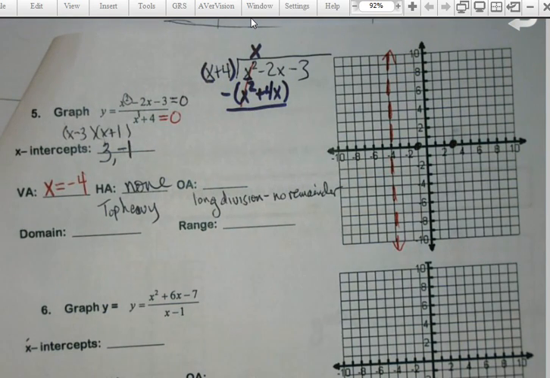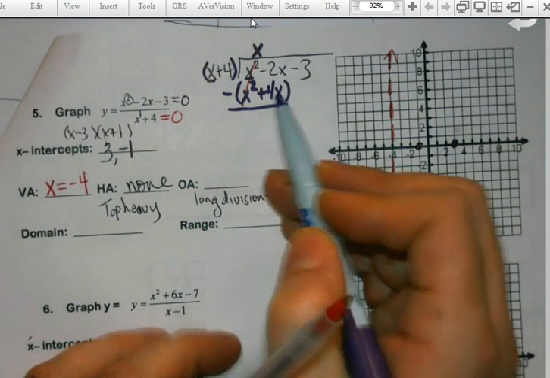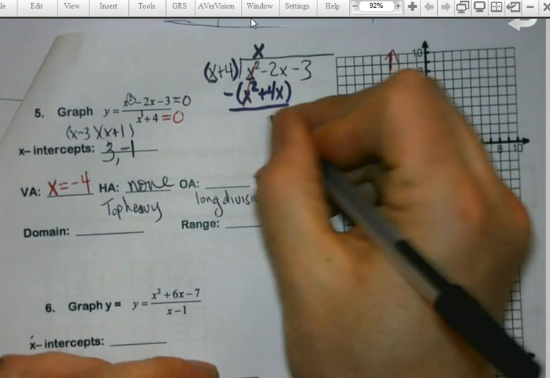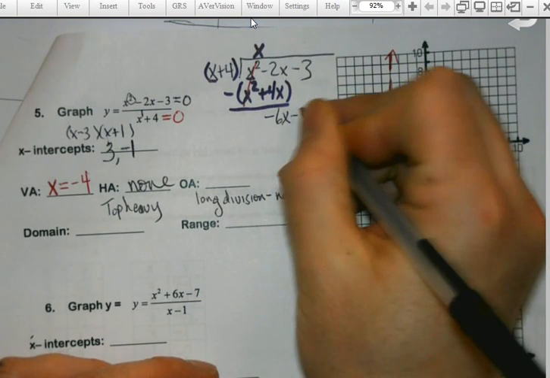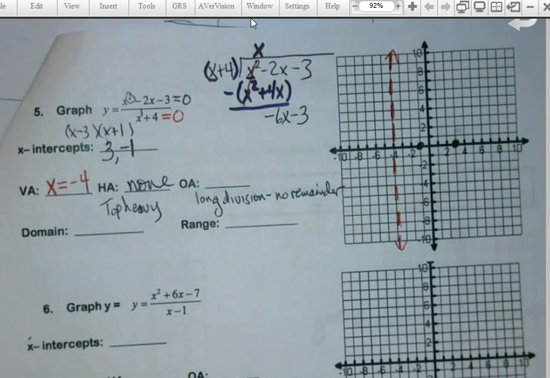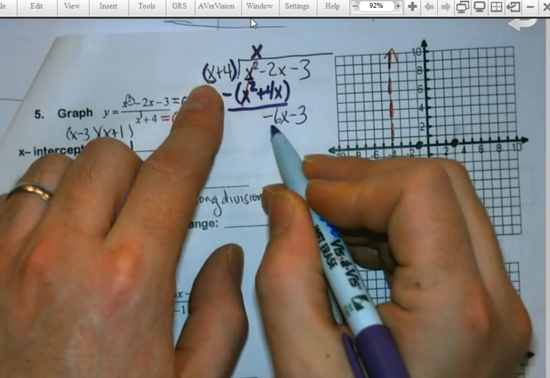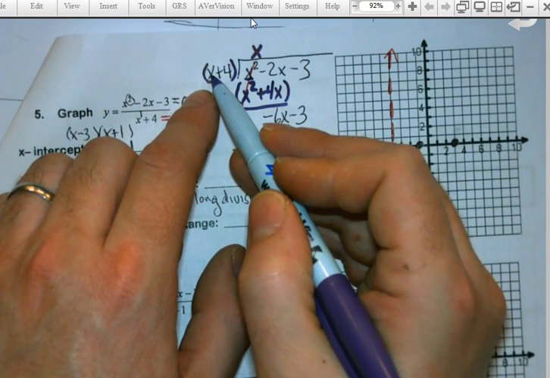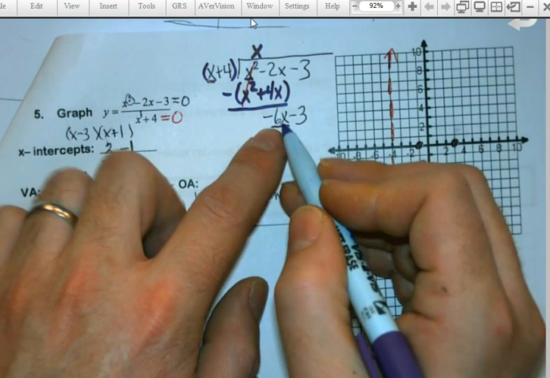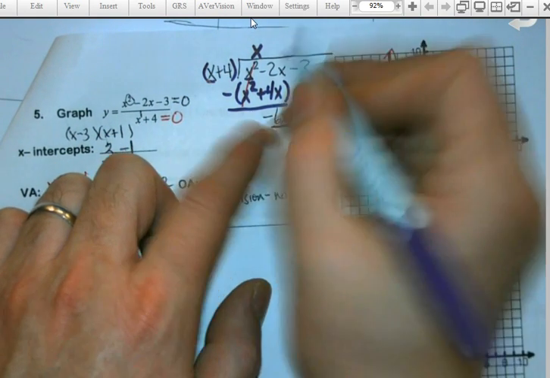So negative 2 minus 4 is negative 6x, and I'll pull my minus 3 down, and I run the process one more time. It's always first term into first term. X times what gets me to negative 6x?